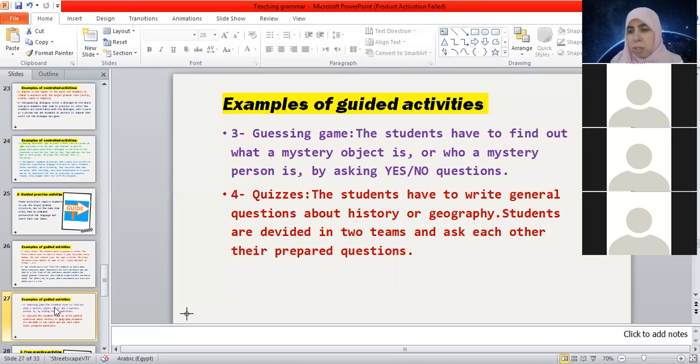Divide the students into groups, and they have the chance to ask yes, no questions. But yes, no questions related to the target grammar structure. For example, I teach can and can't. I can run, I can't swim, I can walk, I can't fly. So you can show a card of an animal, and you ask your students to guess what this animal is using yes, no questions.